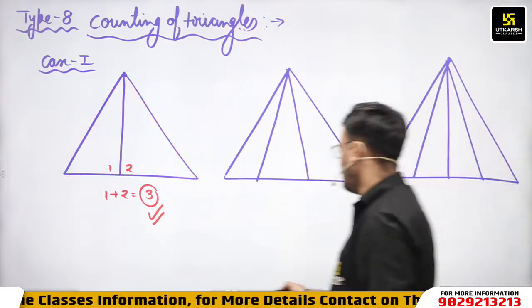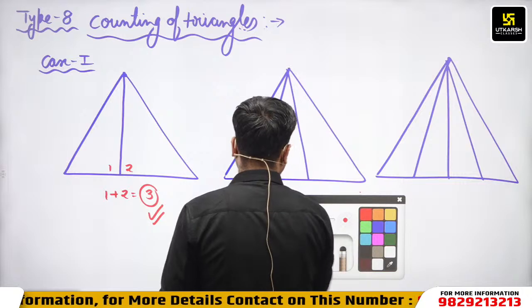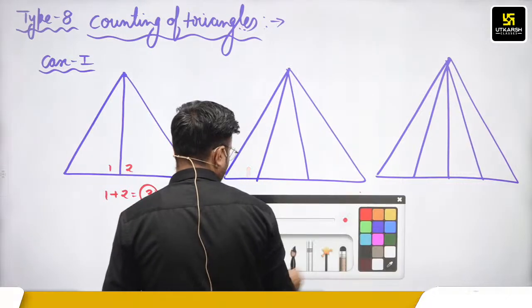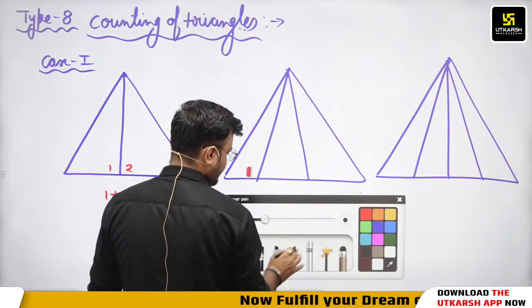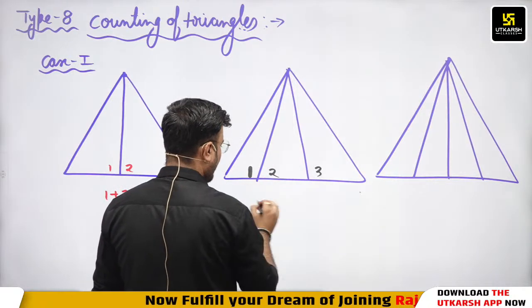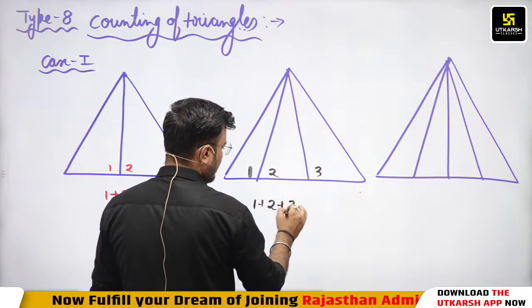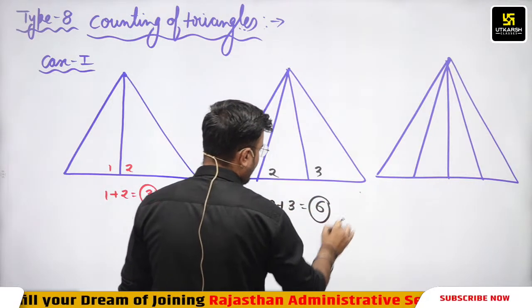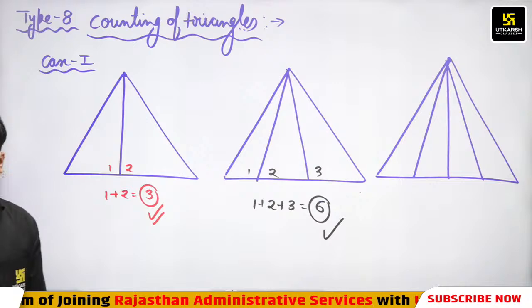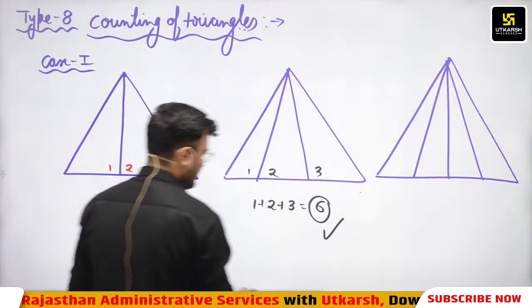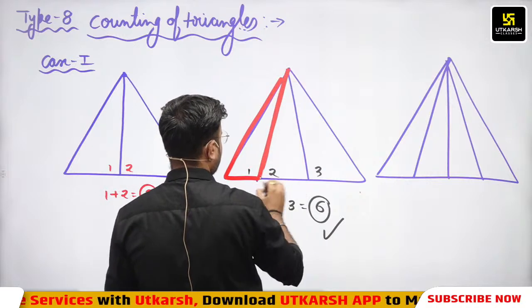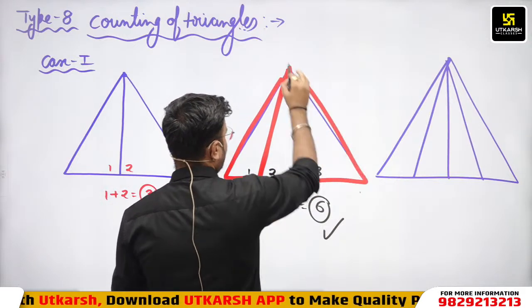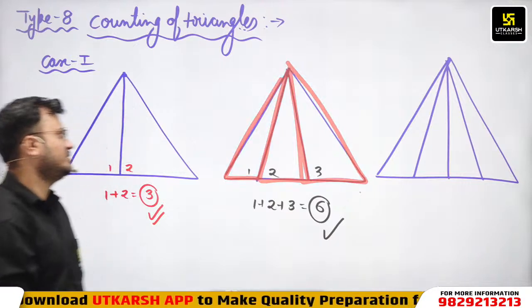Similarly, if we need to count the number of triangles in this figure, write down the natural numbers on the base, starting from 1, 2, 3, and add all these numbers, and you will get the total number of triangles in this figure. This is your first triangle, this is your second, this is your third.